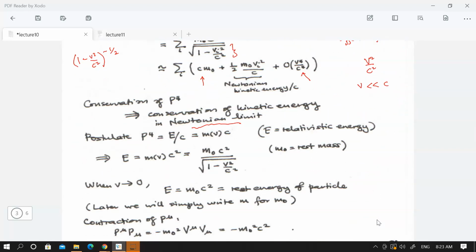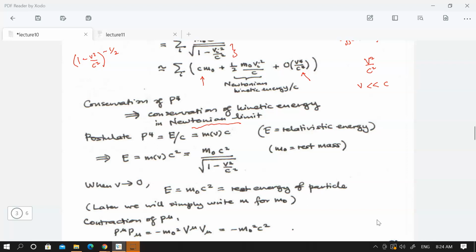Right, now we want to define this in a more elegant way. We postulate that the fourth component is related to your kinetic energy, but it's not only that, since you have higher order terms of this expansion.